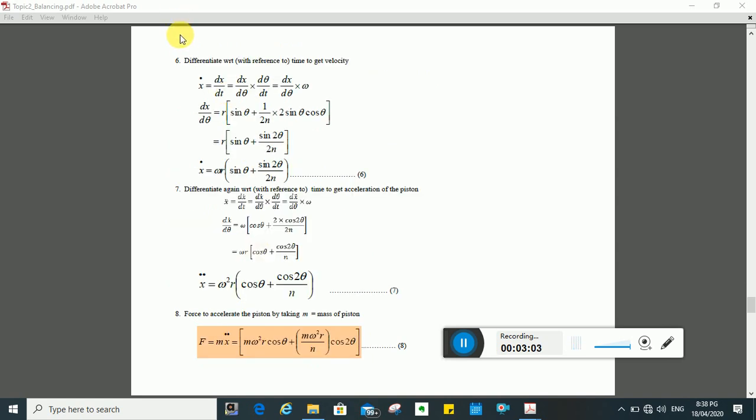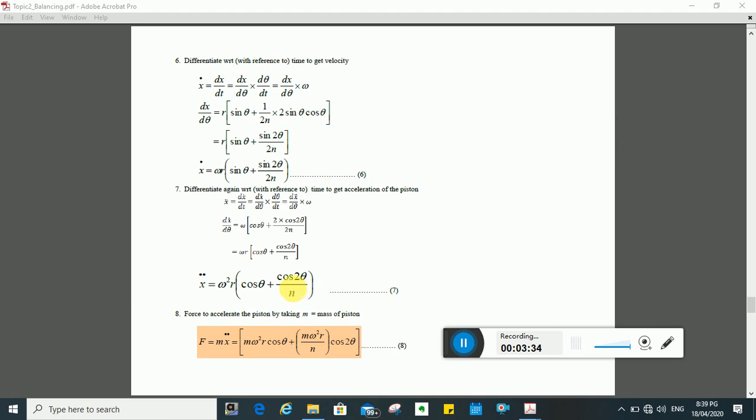Differentiate it with respect to time to get the velocity. The formula for the velocity of the piston is omega R times sin theta plus sin 2 theta divided by 2n, and differentiate it again with respect to time to get the acceleration of the piston, which is omega squared R times cos theta plus cos 2 theta divided by n.